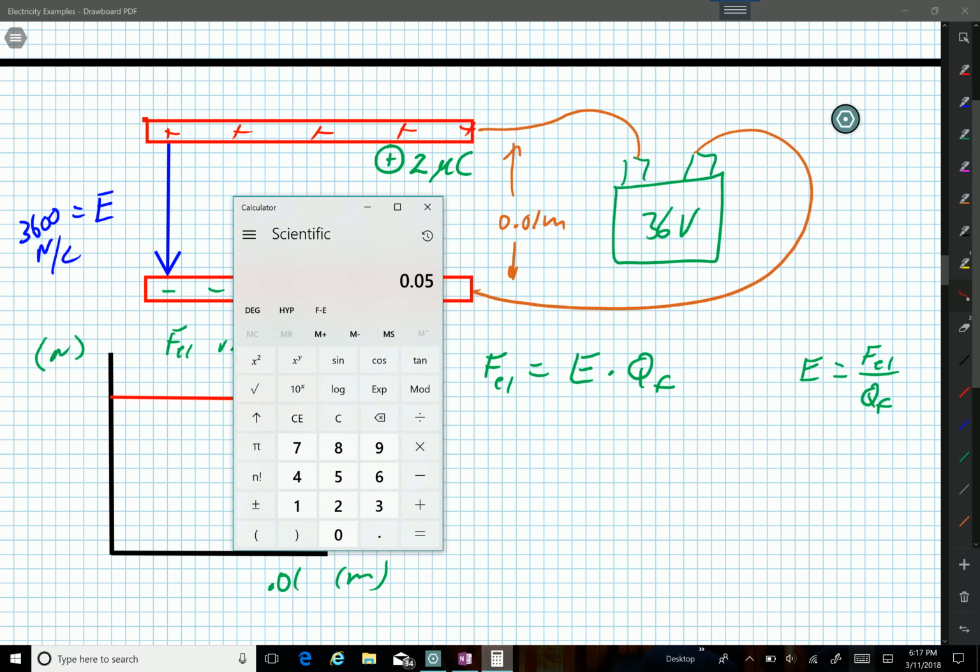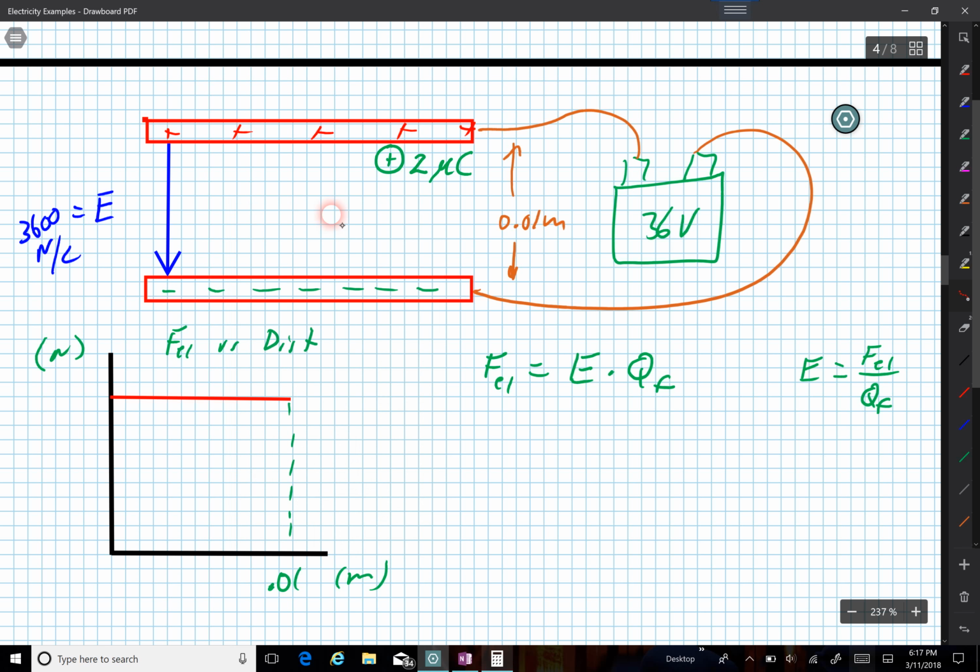So I've got 3,600 times 2E-6 equals 0.0072 newtons.